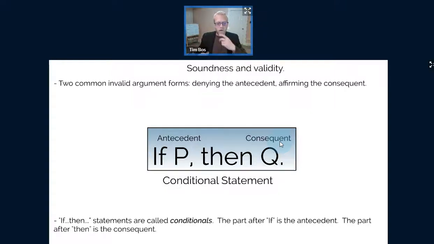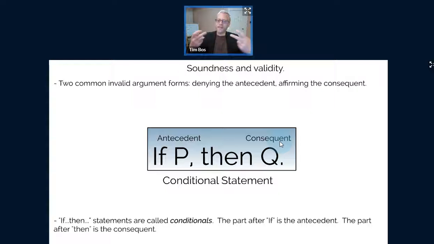Yeah. So then the first part is going to be called an antecedent, right? The first true or false statement in an if-then statement, and then the second true or false statement in an if-then statement is the consequent. And notice that, right? An if-then statement is what you call a complex or composite or molecular statement, because if P then Q type statements have multiple statements within them, right?